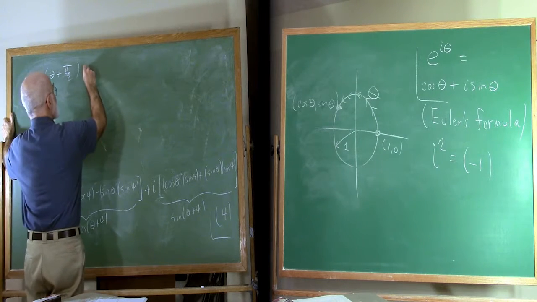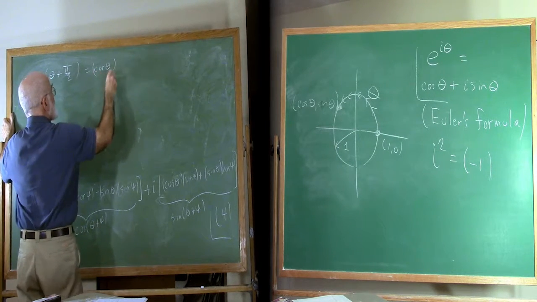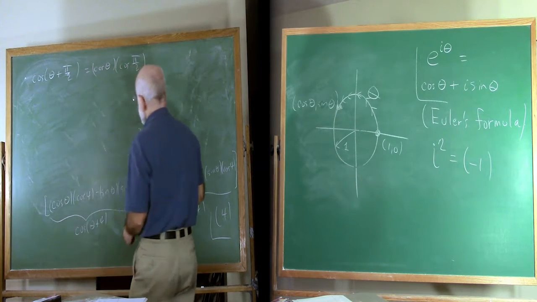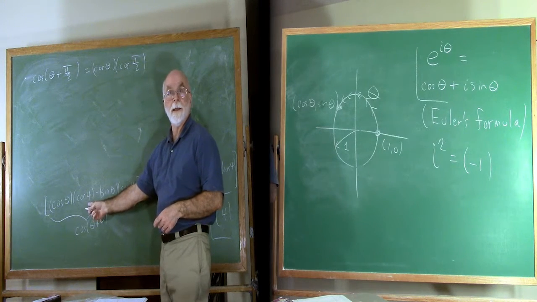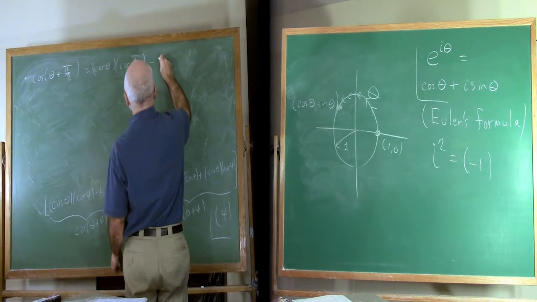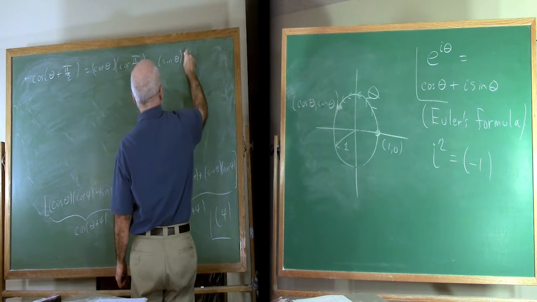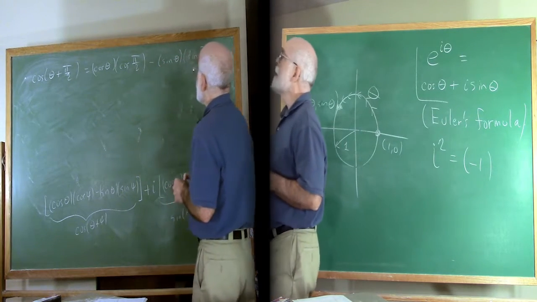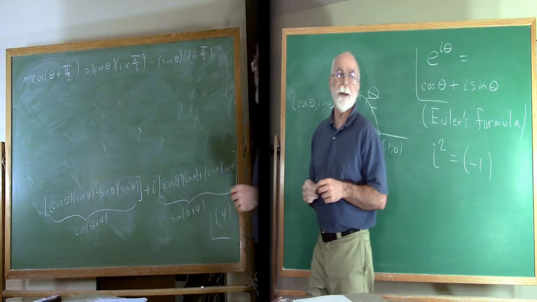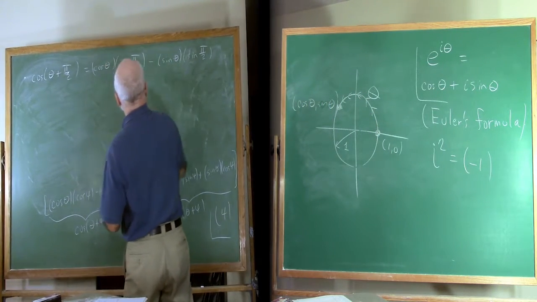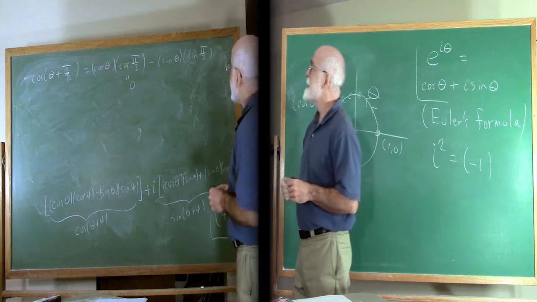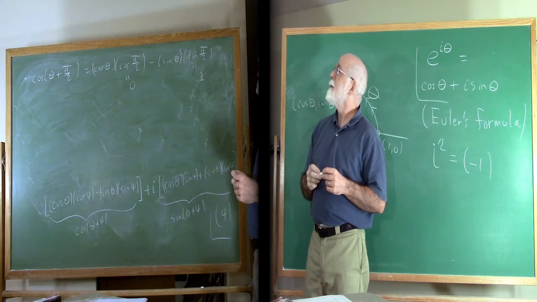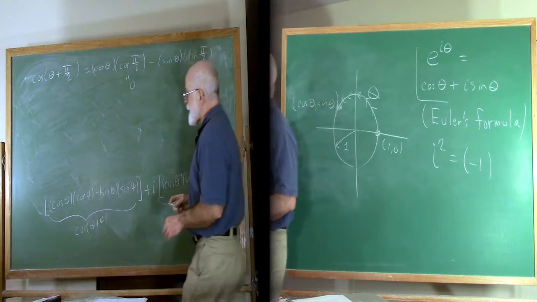Looks like we're getting cos theta times cos pi over 2 like here. Then we're subtracting sine theta sine of pi over 2. The good news is that this turned out to be 0, cosine of pi over 2, and this one turned out to be 1. We are ending up with negative sine theta.